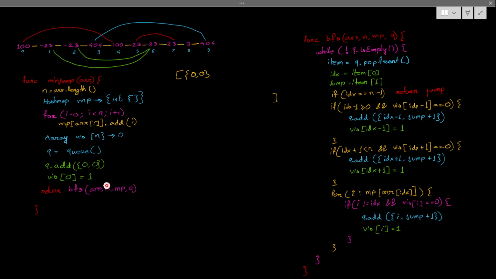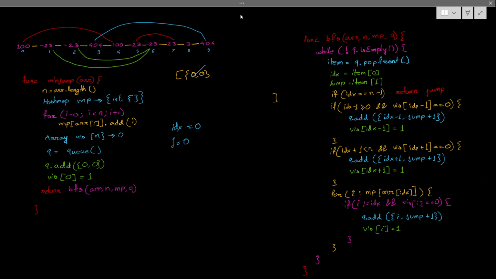In BFS, while my queue is not empty, I have to iterate. First, I have to pop the front element and store index 0 and jump 0, right? So also initialize index and my jump. This is popped, so index will be 0.